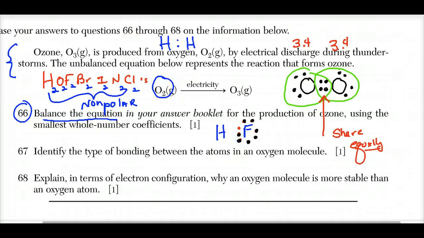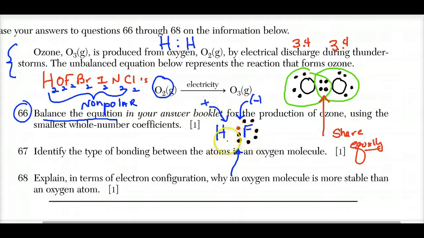This red one is being shared, believe it or not, by the hydrogen. And we would say that this type of sharing is very unequal. They're closer to the fluorine side, so the fluorine side is a little more negative than the H side. The H side is a little positive because its electrons are kind of pulled away.